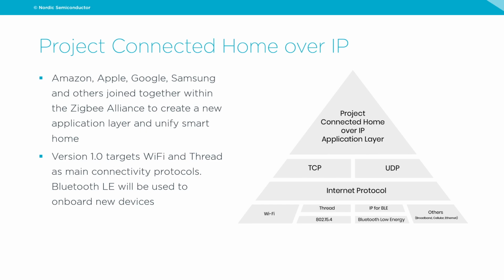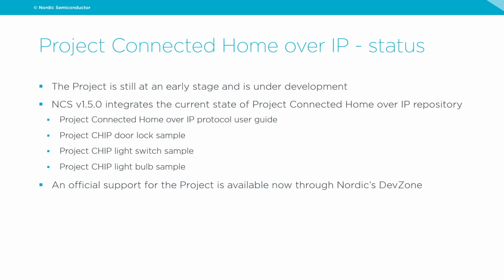Version 1.0 of the specification targets Wi-Fi and Thread as main connectivity protocols, while Bluetooth Low Energy will be used to add new devices to a network. Nordic is an active participant in Project CHIP from day one, and we provide full support for suitable SoCs within nRF52 and nRF53 families.